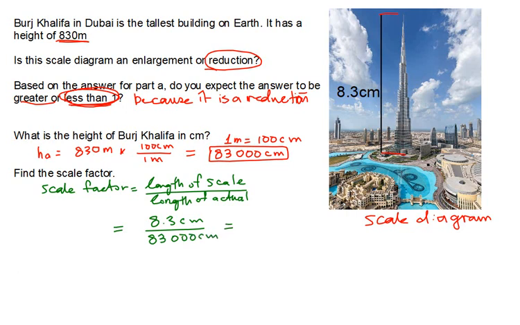When you divide that on the calculator, 8.3 divided by 83,000, you end up with 0.0001. So this is your scale factor, which is not surprising. Again, this is a huge building, almost a kilometer tall, and we're drawing it in 8.3 centimeters.